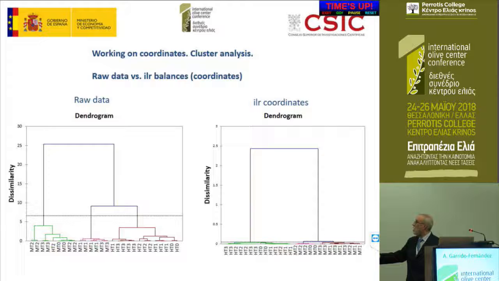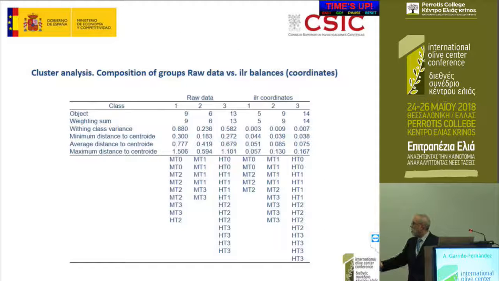In the case of ilr coordinates, there is no wrong assignation in the case of hojiblanca cultivar, but in the case of raw data, there is one wrong assignation in the first cluster, and also the clustering of manzanilla is better organized using ilr coordinates.